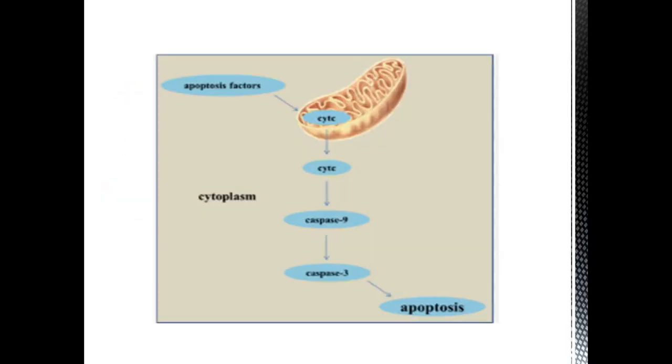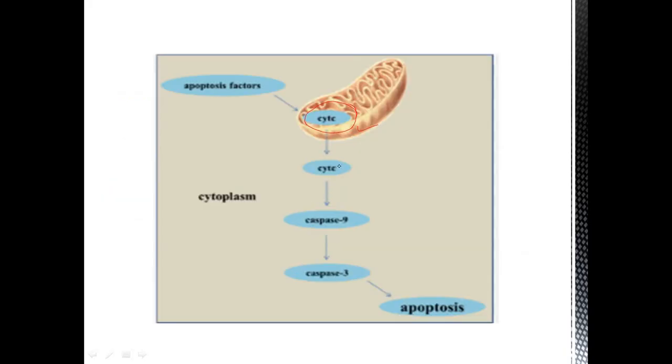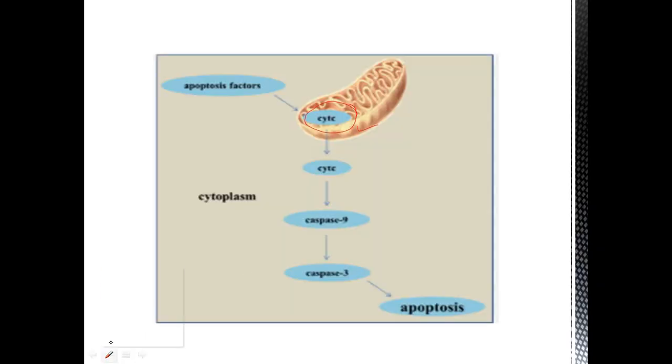Here is the image explaining the apoptosis. Mitochondria releases cytochrome C, which is an enzyme. When the cell's mitochondria release a group of proteins or enzymes called cytochrome C, then in the cytoplasm apoptosis occurs.